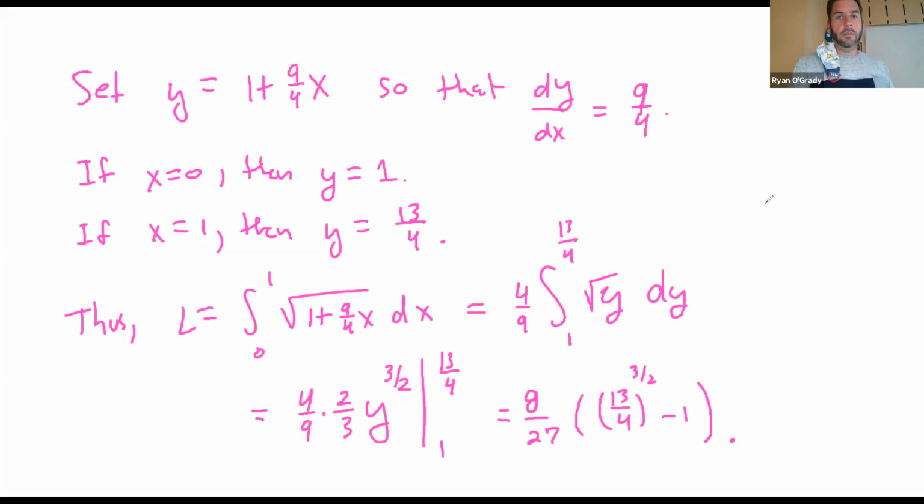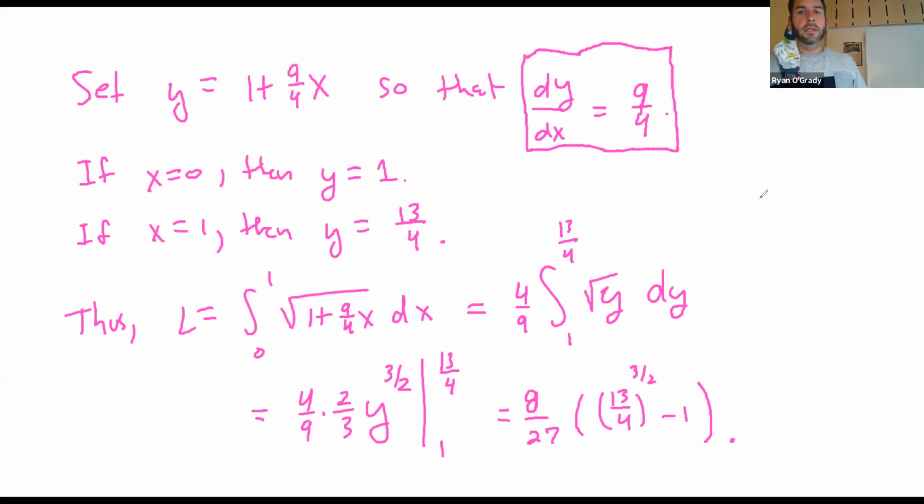So how did you get 4/9 in front? Okay, so look at this expression right here. When I solve that for dx, I get 4/9 dy is equal to dx.